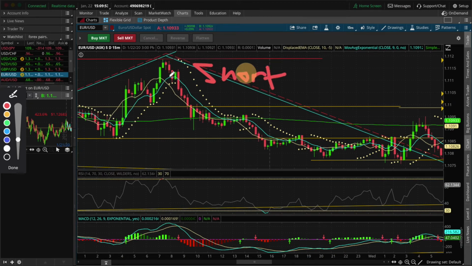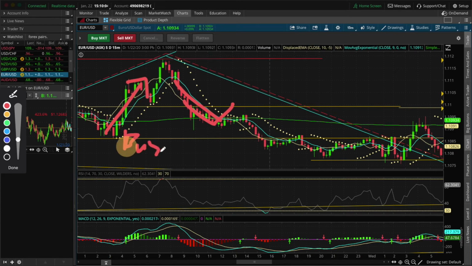Cool. So you short it when it's going down, and then you buy when it's going up. Cool. The RSI again, I think we went over the RSI. It was the relative strength index.